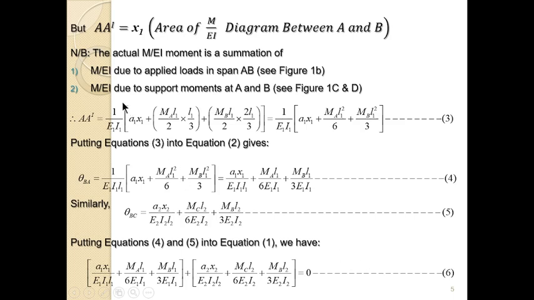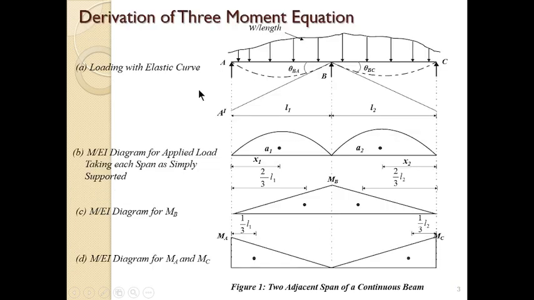Now, from the second moment area theorem, we know that A prime can be defined as the centroidal distance multiplied by the area of the M over EI diagram between A and B. That is between this point and this point. We can find the centroidal distance and multiply by the area of this M over EI diagram.